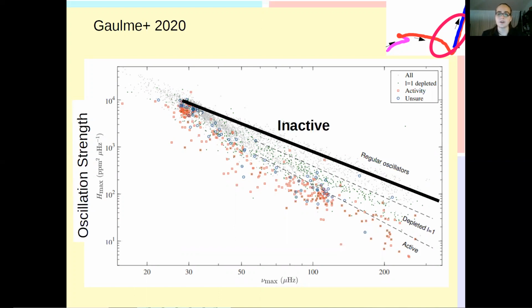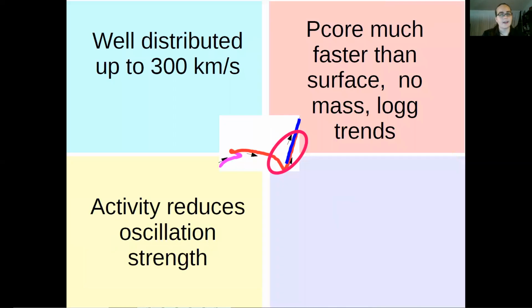Now, most of the stars, which are plotted in gray, follow this characteristic relationship between the strength of the oscillations and the frequency of maximum power, or the evolutionary point. However, if you look particularly at the active stars, which are marked here in red, you see that they are substantially weaker oscillators than otherwise would have been predicted given their evolutionary state. So it looks like activity reduces oscillation strength on the red giant branch.